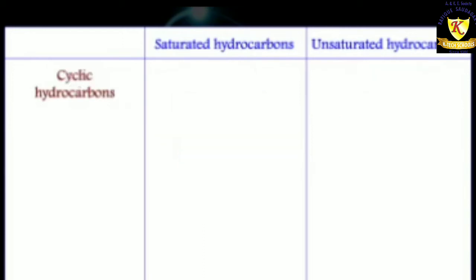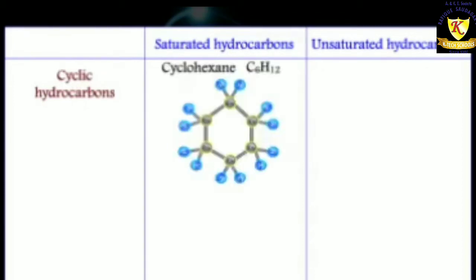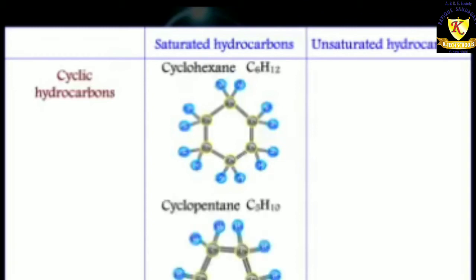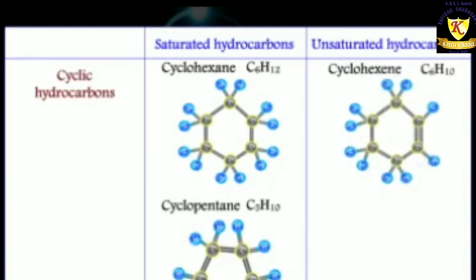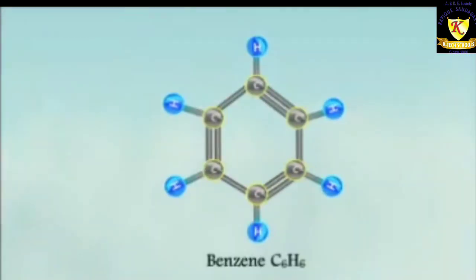Cyclic hydrocarbons, we have cyclohexane, C6H12, and cyclopentane, C5H10, in saturated hydrocarbons, and in unsaturated hydrocarbons we have cyclohexene, C6H10, and benzene, C6H6.